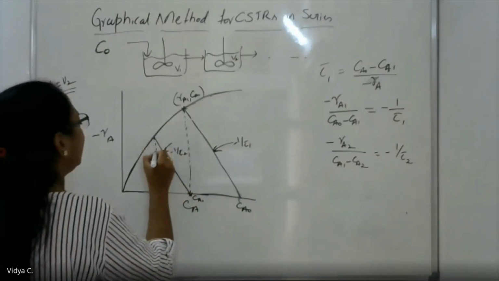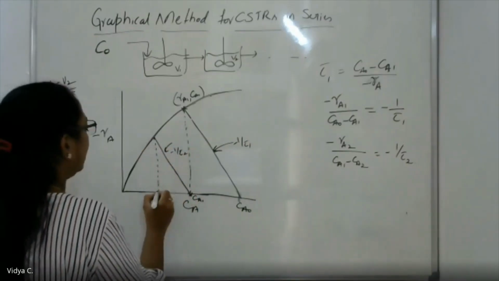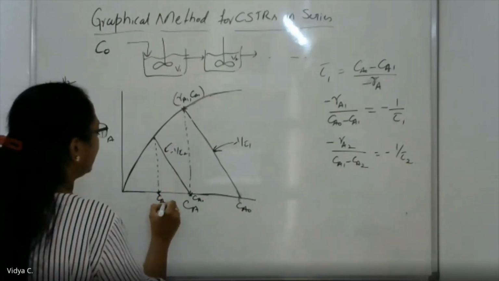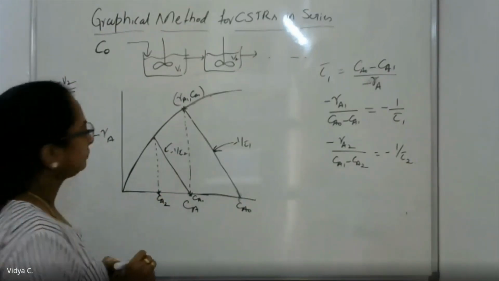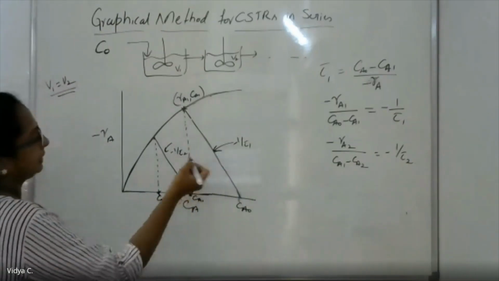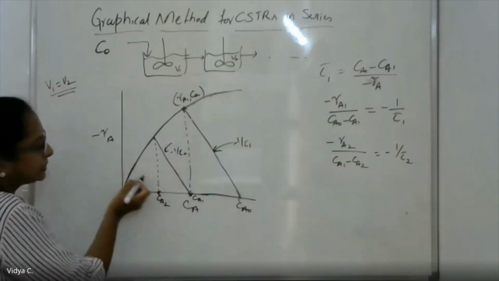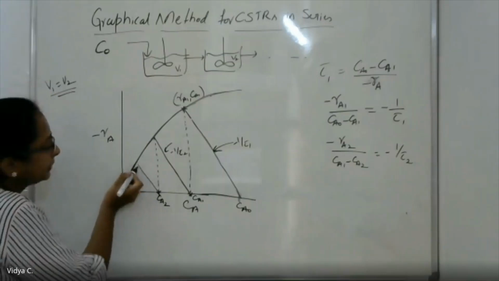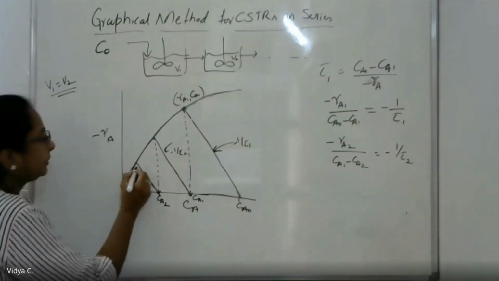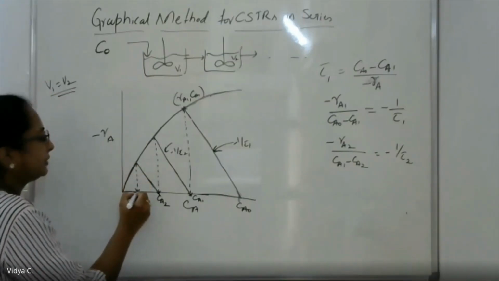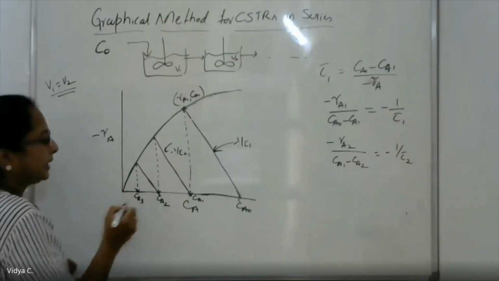And from here, if I drop a vertical, this will be CA2. Okay. So like this I can continue, and from here again I'll go parallel to this, and this will be CA3.